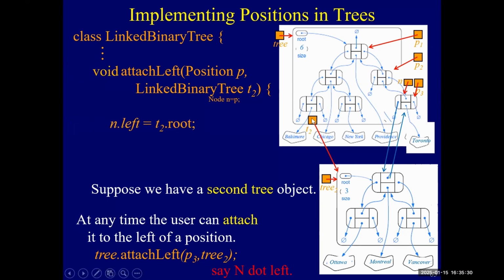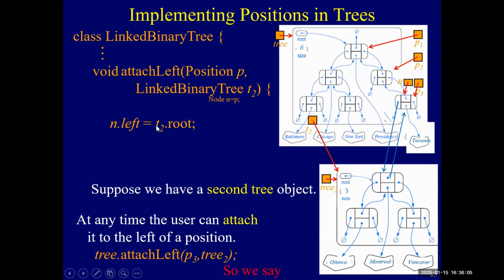And we're going to say n dot left. We've got to change this pointer. We want it to point down here. So how do we get this? We have n, and we say n dot left. And then where's this node? Who's pointing at this node? It's the root. And whose root? It's T2's root.